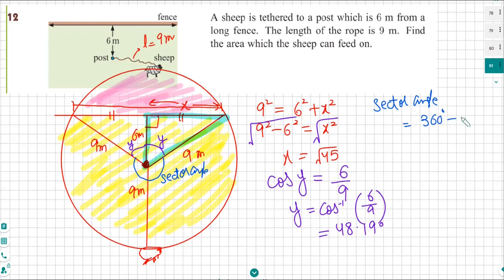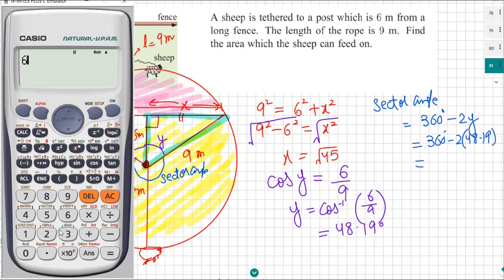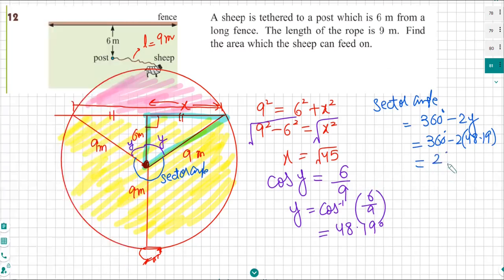Y plus y, 2y. So 360 minus 2y, where y is 48.19. So we get 360 minus 2 times the answer, 263.62. So this is the sector angle.